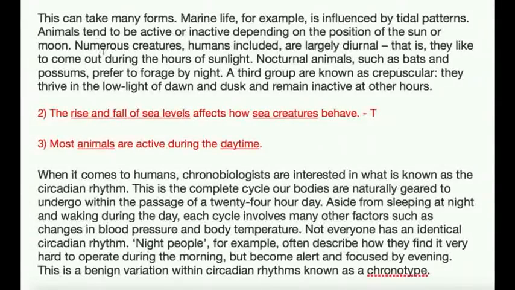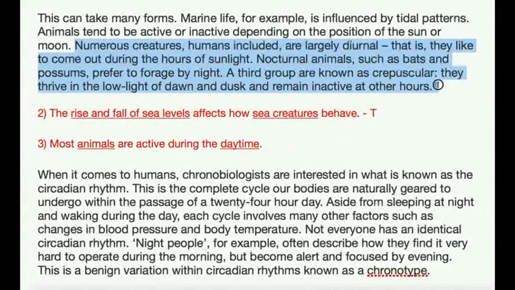However, if you look at the reading here, it does not tell us actually whether most animals are active during the daytime. We don't actually know that information. We don't know whether more animals are active at night or during the day, just that many are active during the day. We could maybe assume more are active during the day, but we don't actually have the answer. It's not in the text. So in that case, this one is not given.